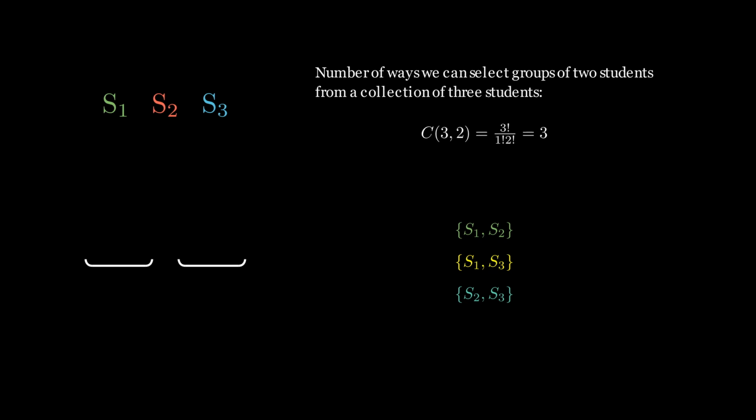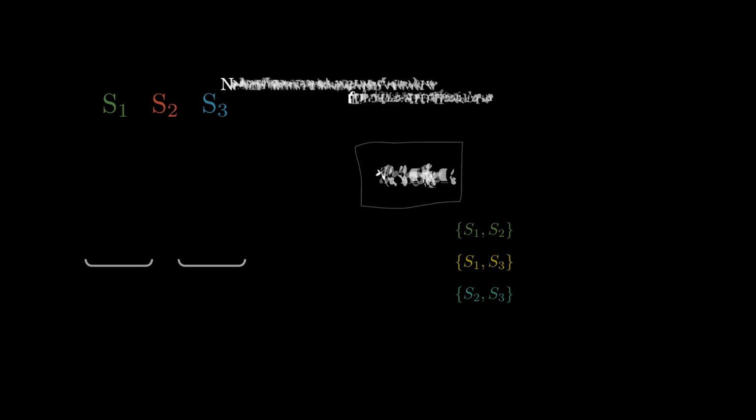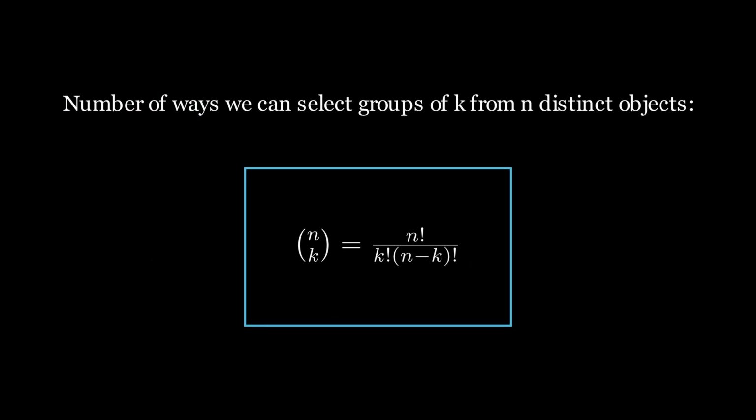This gives us the correct number of 2 student combinations we can choose from 3 unique students. Generally, we can express the number of ways to select k objects from a group of n using the following formula. We typically say n choose k to describe this formula, as we will use it quite often.